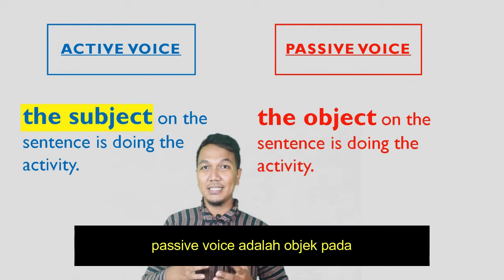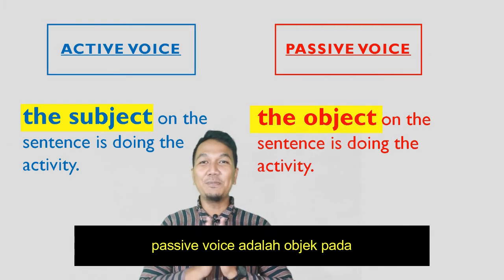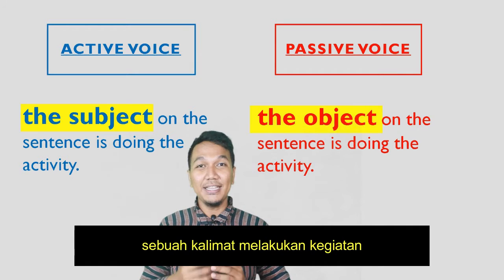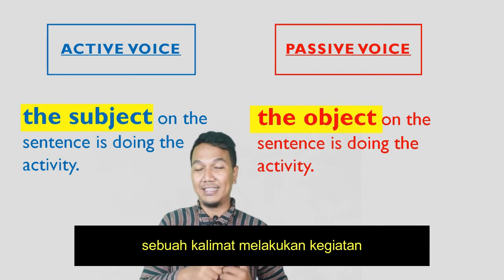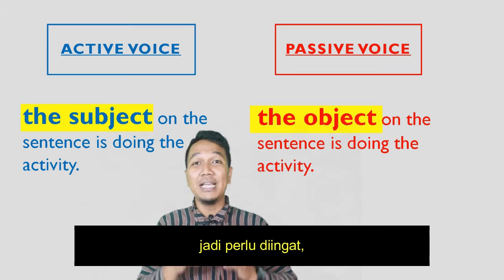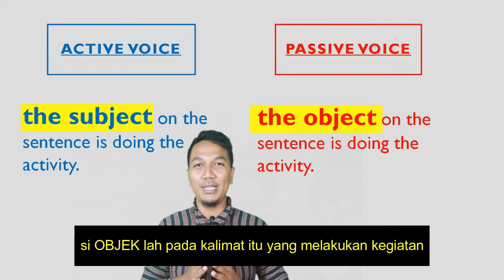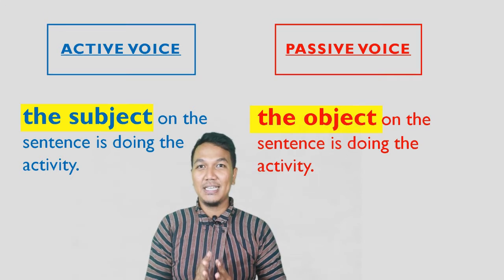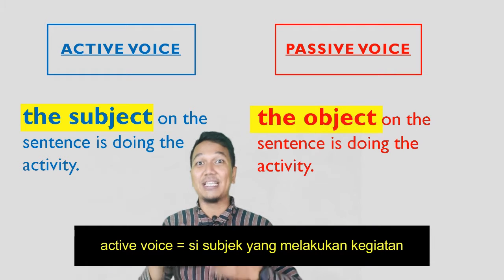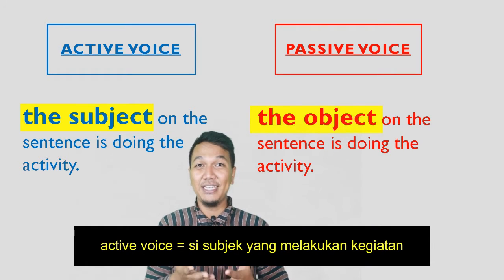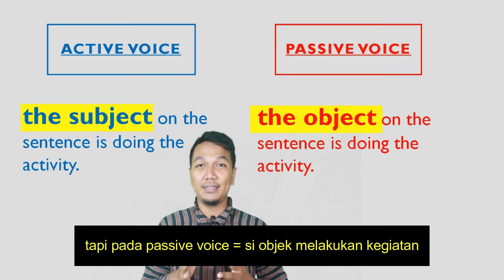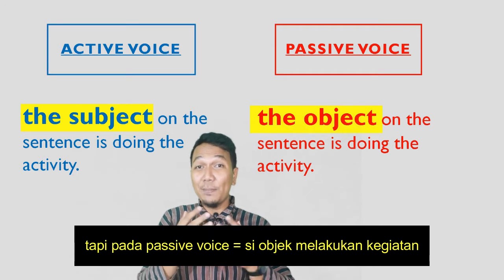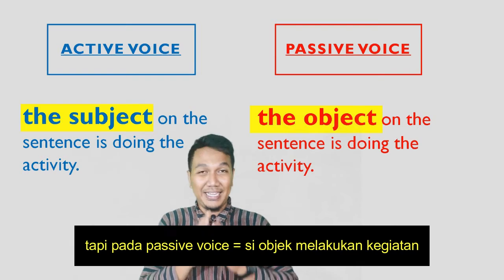In the passive voice, the object is doing the activity in that sentence. So remember, the object is doing the activity in the passive voice. Active voice, the subject is doing the activity, but for the passive voice, the object is doing the activity.